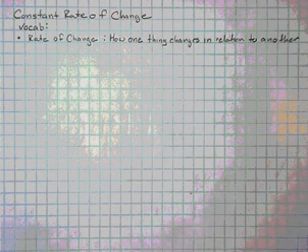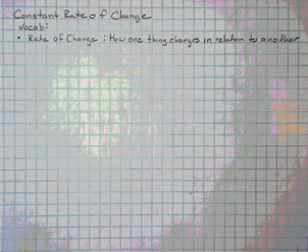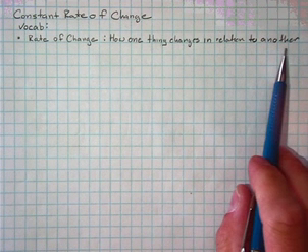So a rate of change is how one thing changes in relation to another.